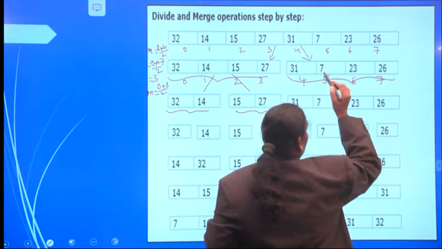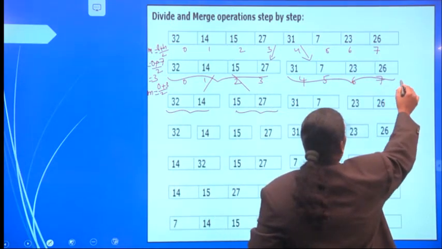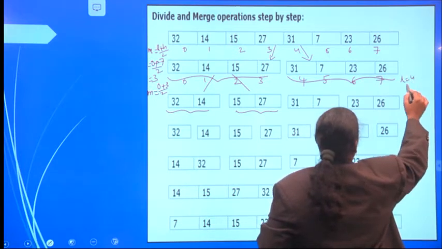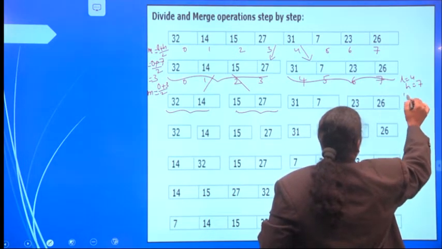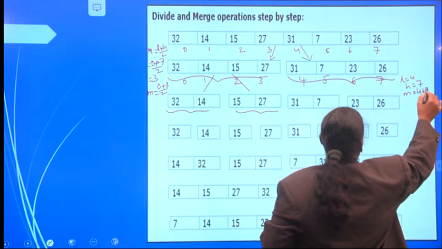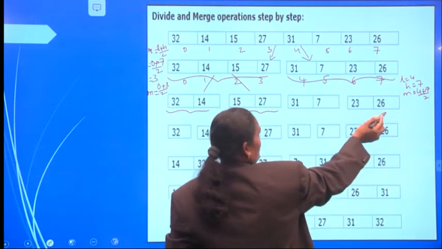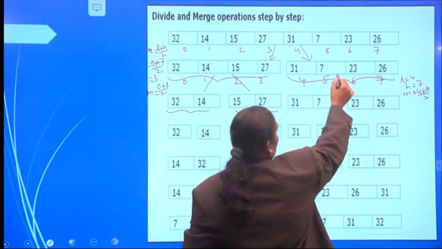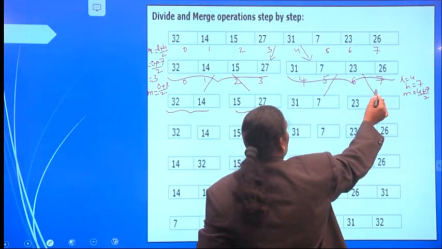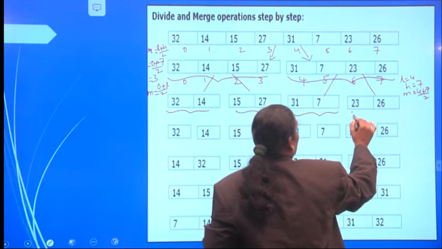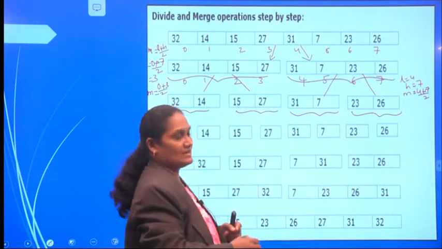Here also you can divide in the same way. Low value is 4, high value is 7. You can calculate the mid value as 4 plus 7 by 2, which gives 5.5, which is 5 as we consider. So at 5 we are dividing the array. This becomes one subarray and this becomes another subarray.